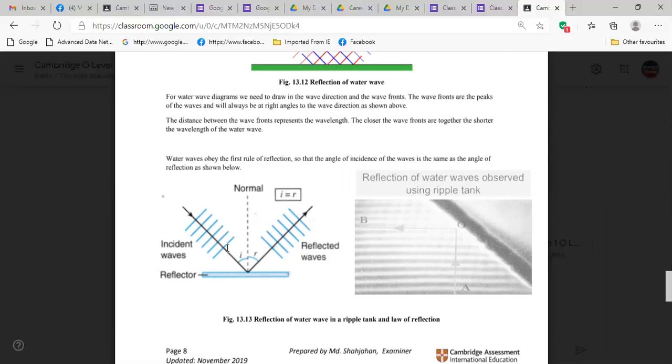That's why the gap between two lines should be same. And the wavefronts and the incident wave are perpendicular, making 90 degrees. Look, these given wavefronts are 90 degrees with the incident wave. That's why the wavefronts you draw for the reflected ray will also be 90 degrees with the direction.